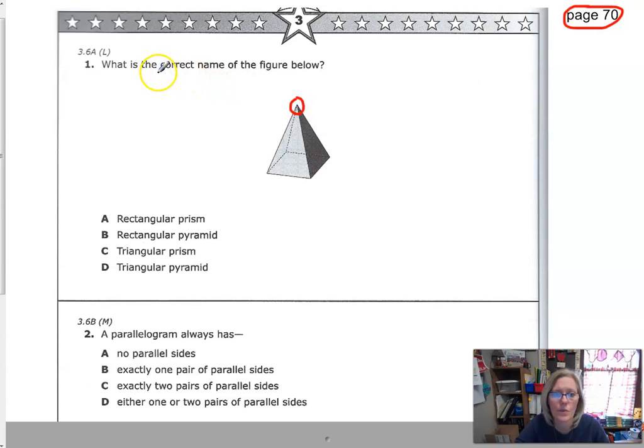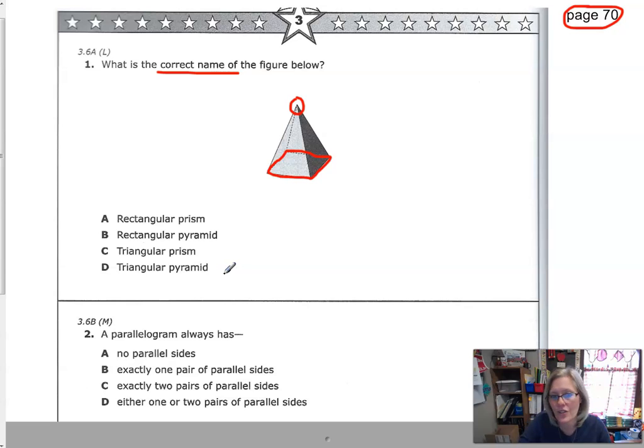All right, we want to know the correct name for this figure. It has a base, and a base is what it sits on. So this is our base right here. And I think that's going to help us name this. So our choices are rectangular prism, rectangular pyramid, triangular prism, and a triangular pyramid.